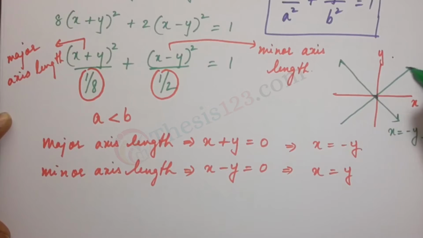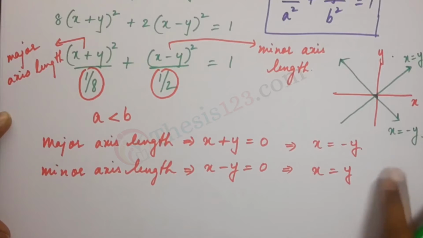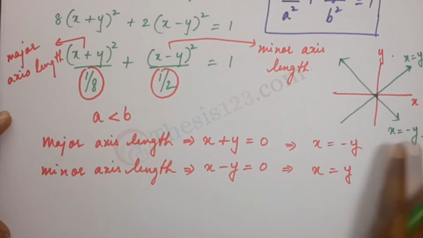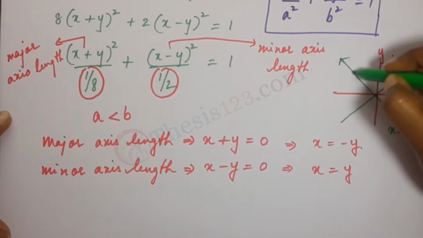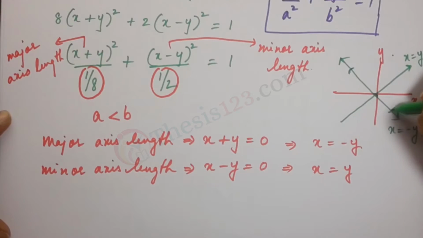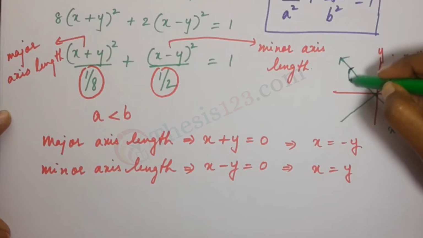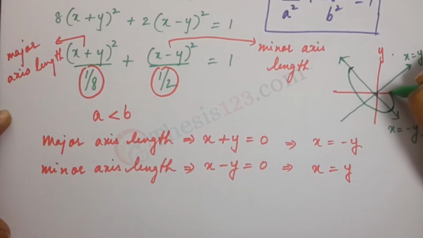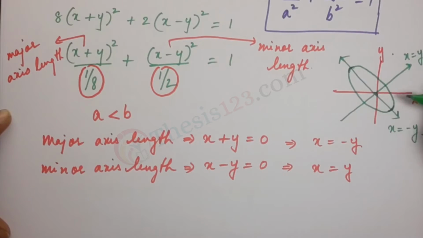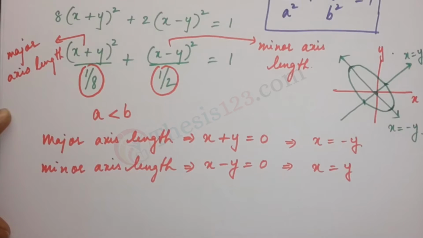And this line right here represents x = y. Now for x = −y is the major axis length, or the major axis lies along this, which means that the ellipse is something like this. Here is our minor axis. This is our major axis.